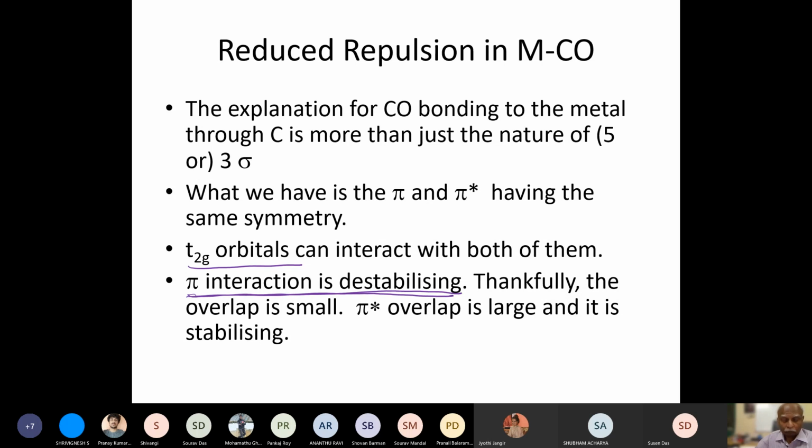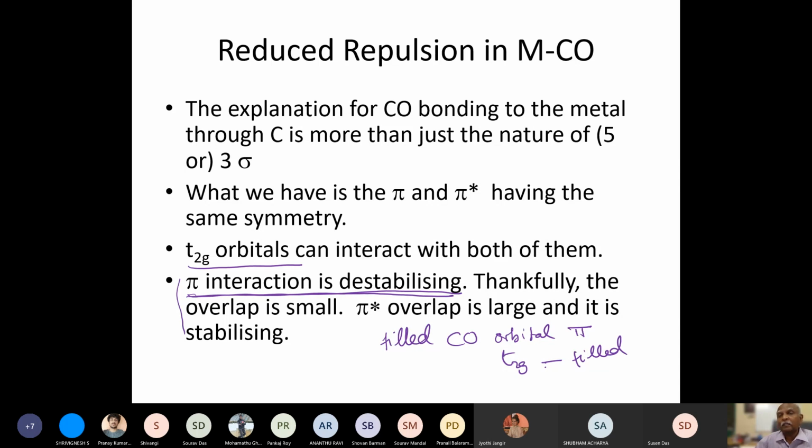So what happens is, this interaction has got a filled carbon monoxide orbital. Pi is filled, and that is going to face the T2G set, and that is also filled. In the case of hexacarbonyl chromium, for example, the T2G is going to be filled with 6 electrons.